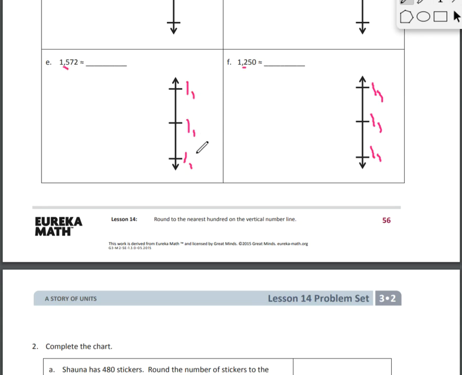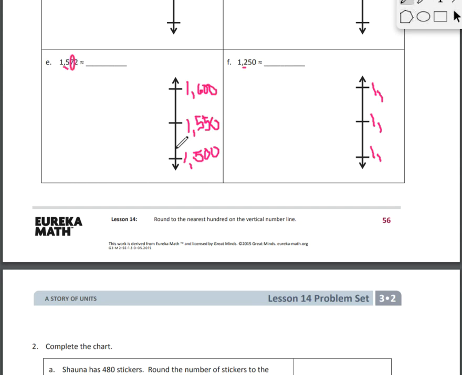All right. So I know my starting value is 500. I know this has to be 550 because we're counting by 50s. And I know this is 600. So I'm looking at the 500s place, and I'm going to look at this digit that's next to it.